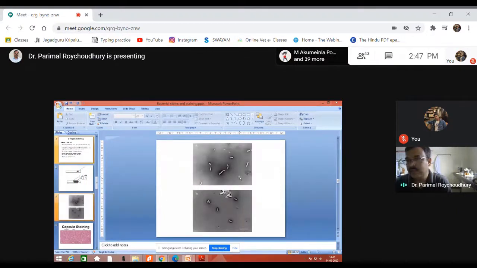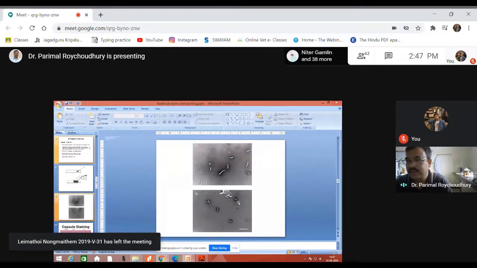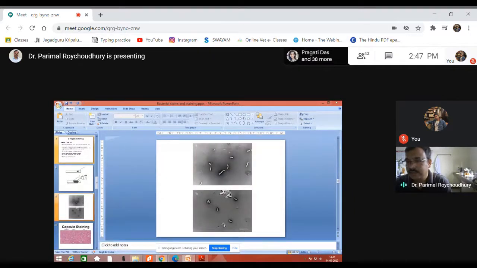And these are the pictures of what we can see under the microscope. The whole background will take color. The bacteria will not take color. And when you apply the crystal violet stain the second time, the inner side of the bacteria will take color, but the capsules will not take any color. So thereby we can visualize the capsulated bacteria by performing this negative staining.